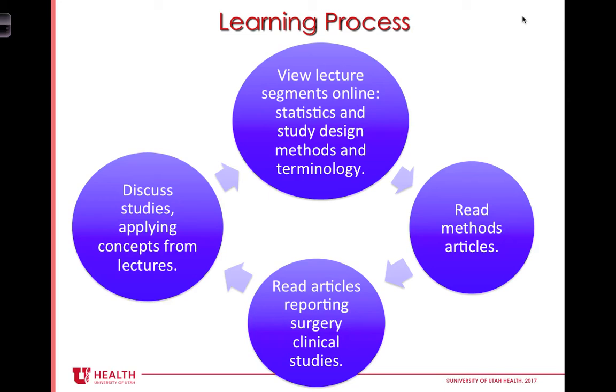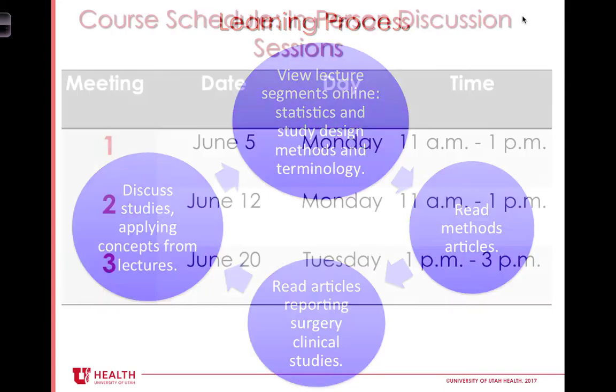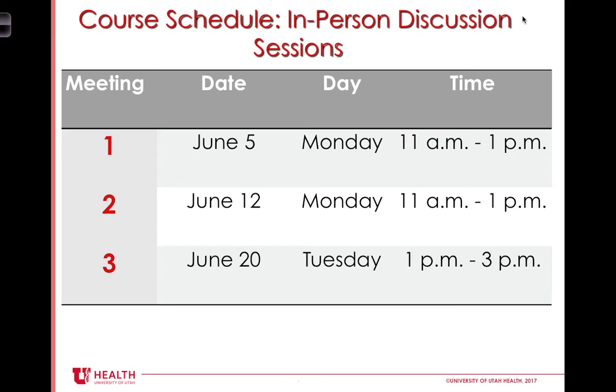And then the circle on the left-hand side, we will have the in-person sessions in which we will discuss those current clinical studies, applying the concepts that you learned from the lectures to discussing the current literature. There are 3 in-person sessions scheduled: Monday, June 5th, Monday, June 12th, and Tuesday, June 20th.